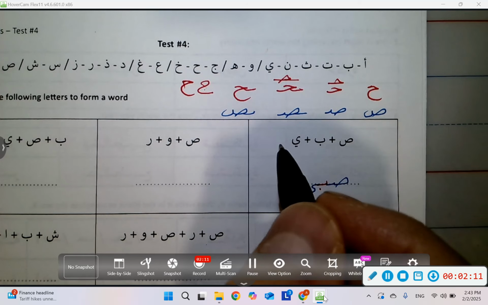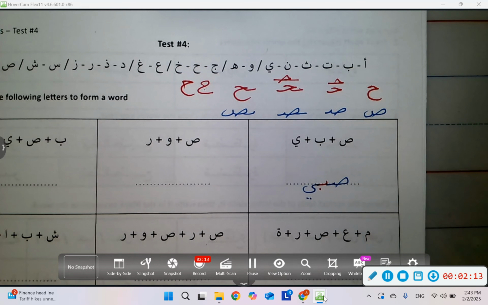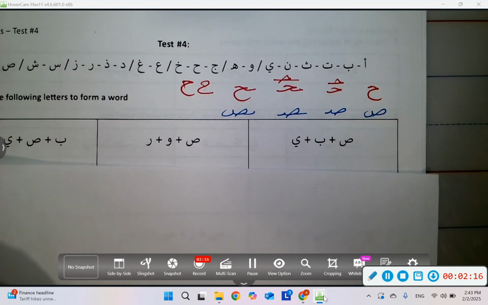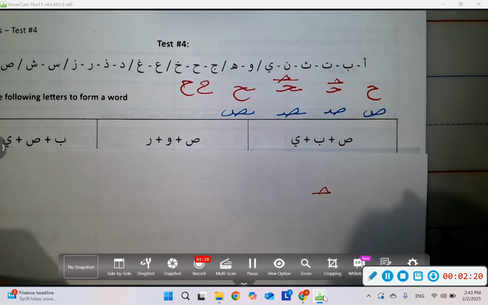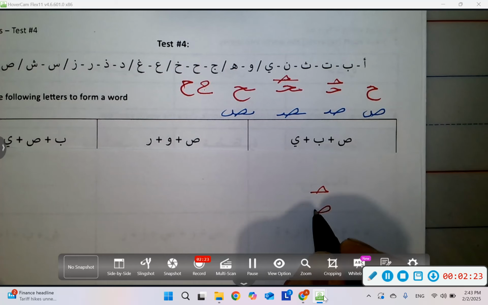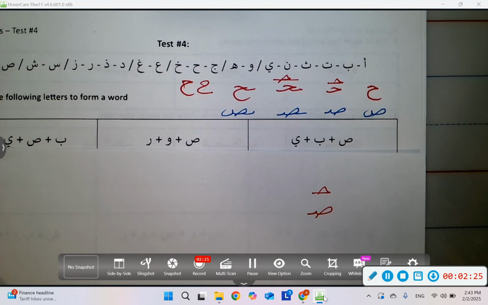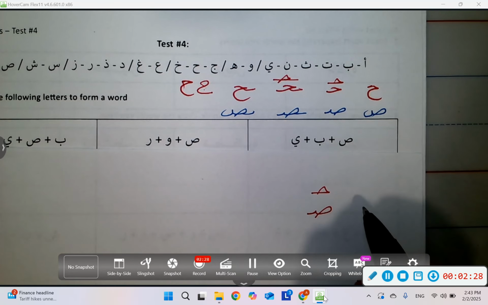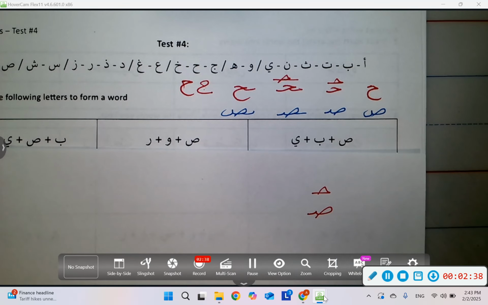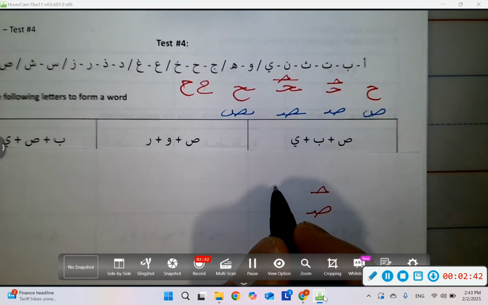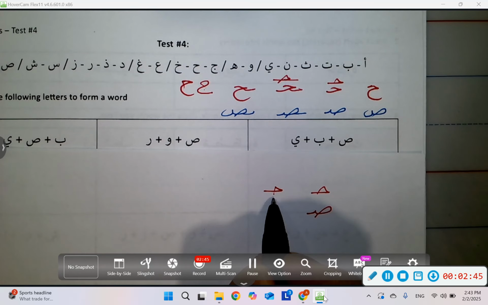Now, the confusion may happen in the following situation. Let's say I want to write ha, and then I want to write sa. For the one who's not yet proficient in writing, they may confuse ha with sa. Now, it's clear that they're different. Sometimes ha is written like that.